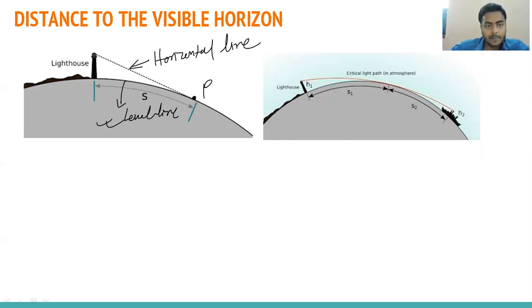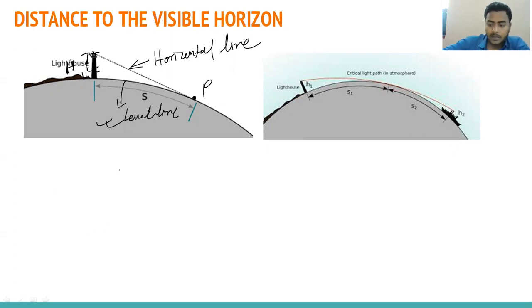Now we are just able to see the top of the lighthouse, the light of this lighthouse, this tip point. So now we can calculate the height of this lighthouse. Suppose this height is h.